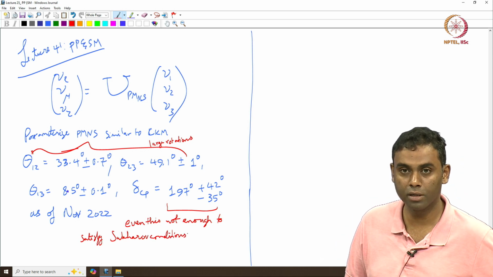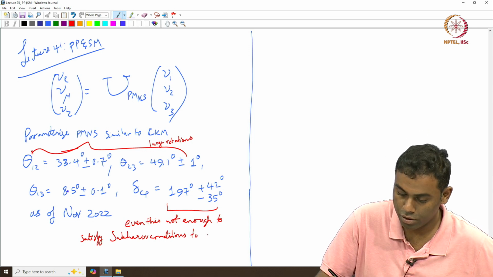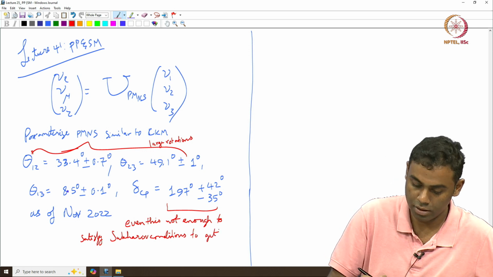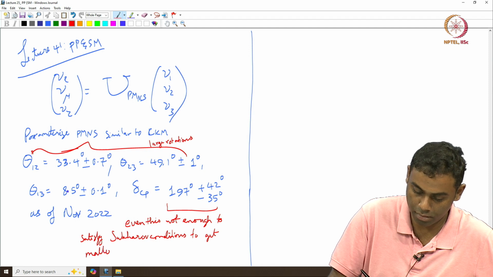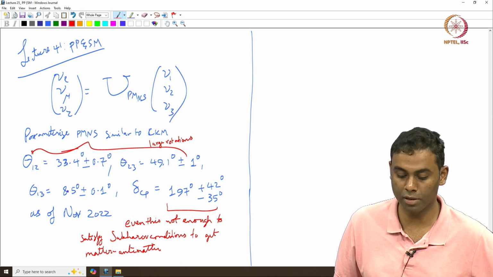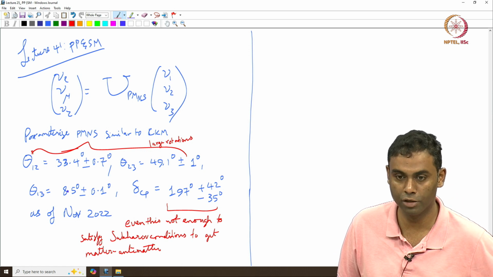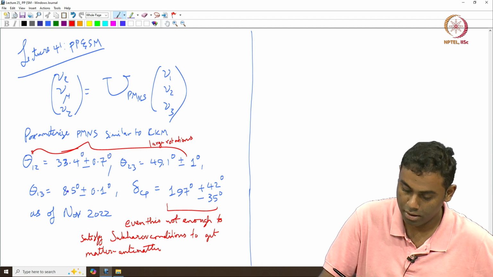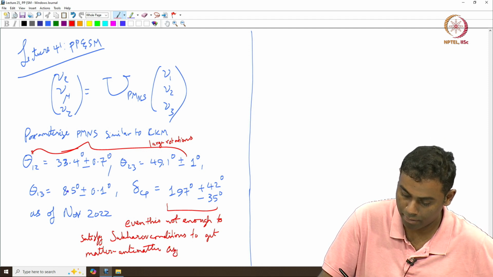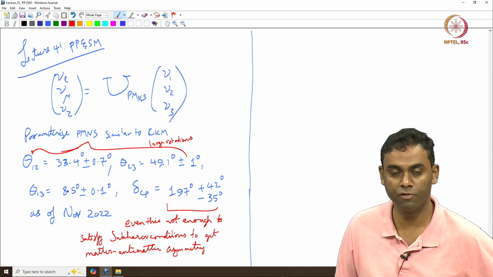I must have talked about it in the very first few lectures when we talked about the matter antimatter asymmetry. I said one of the three conditions was you needed CP violation in the early universe, but even this much turns out to be not enough to get the matter antimatter asymmetry we see on a universal scale.